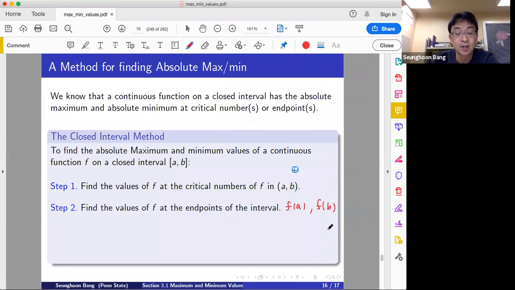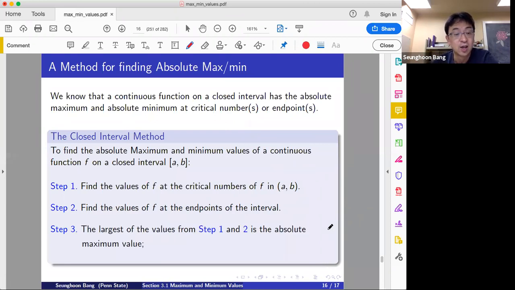Step 3, compare all function values from step 1 and step 2. The largest of these values is the absolute maximum. The smallest of these values is the absolute minimum.